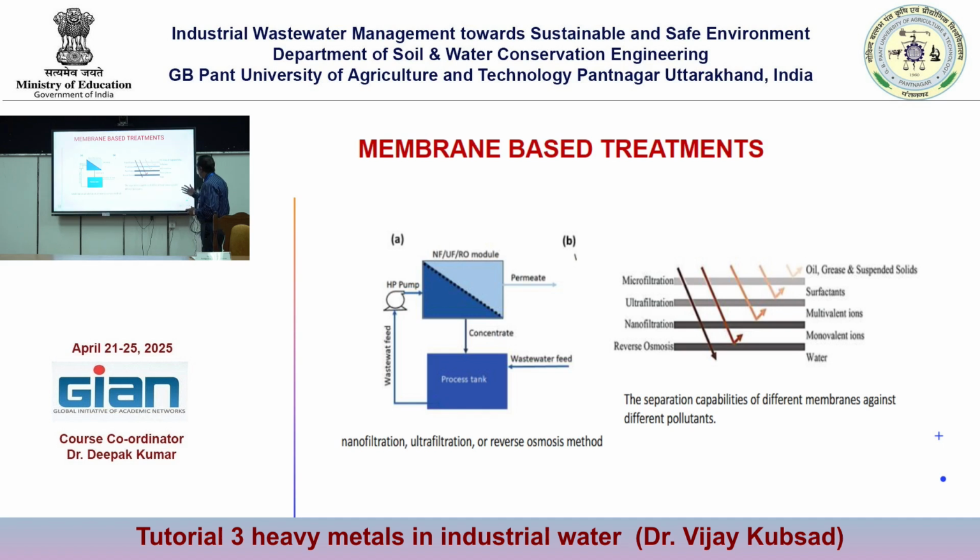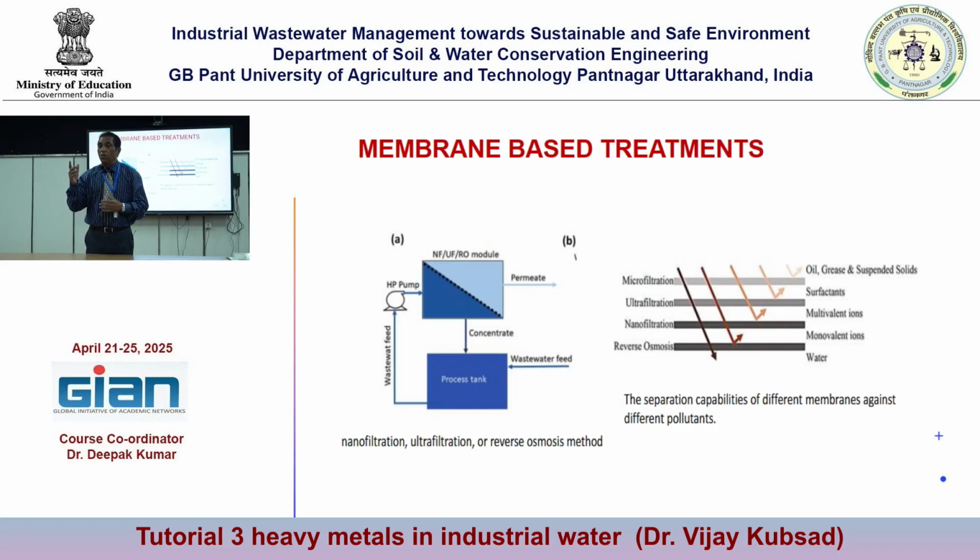So there are different methods, with different separation capabilities of membranes against different pollutants. You will see what kind of pollutant is there. If it is toxic, you cannot talk about the economics. The first focus is on water quality. Technologies are available, there are many technologies, and you should be able to screen them. I will show you another technology in the next tutorial. That is where we were thinking about treating one of the most toxic pollutants.